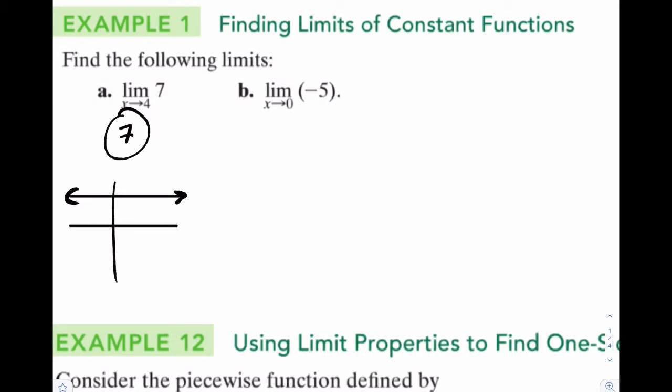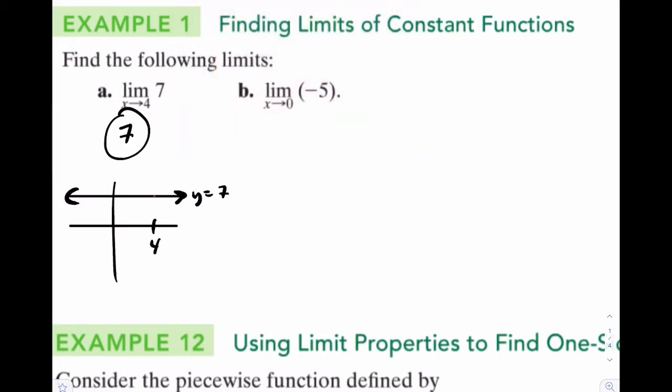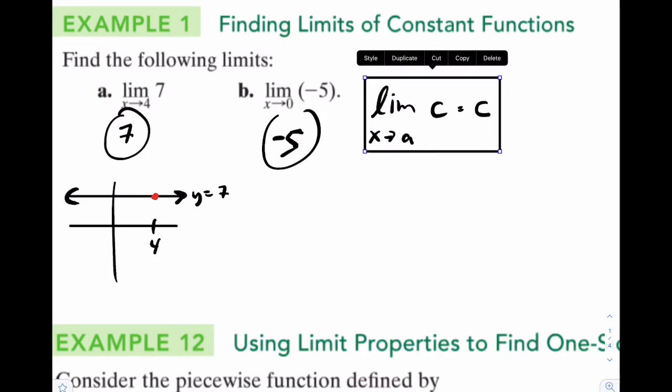So no matter where we pick, like let's say this is y equals 7, we can pick anywhere on this graph and the limit should be that exact same value. So for b, we can see the limit should just be negative 5. So to summarize, the limit as x approaches a for some constant c is going to be c. For those, not too bad, pretty straightforward.